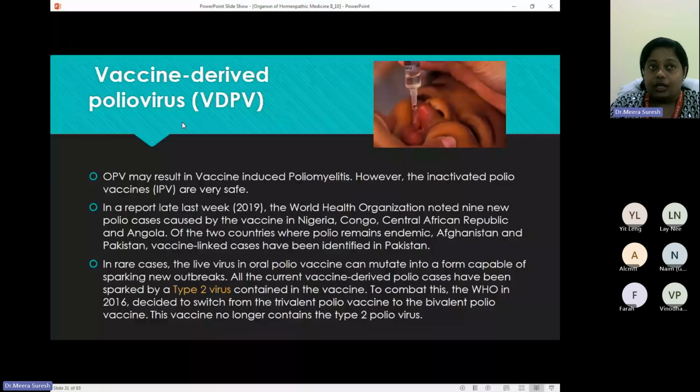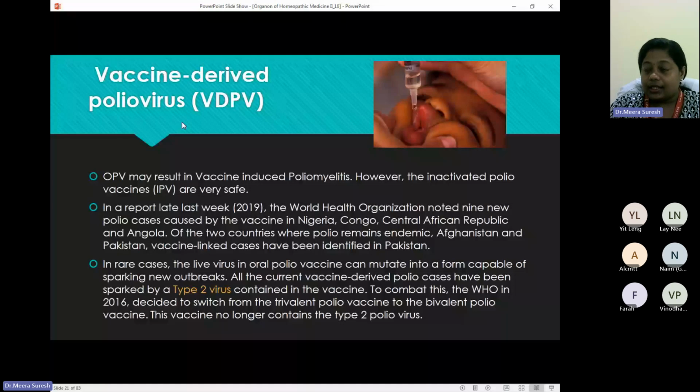Imagine that situation. So WHO is not able to stop the usage of OPV because IPV is not able to control the community spread or the epidemic. Until we get such an IPV, OPV can't be stopped.